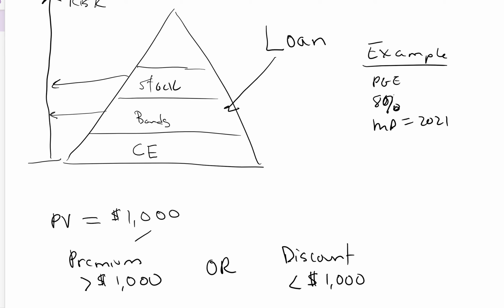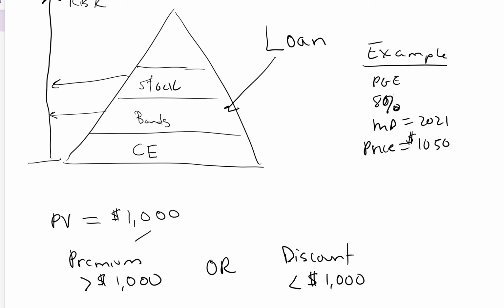Okay, but now we're going to say that the price, let's say that we are going to pay $1,050. So right now the bond is very desirable. It's trading for higher than par value, $50 higher. And we're willing to pay $50 higher because it's still a really good bond and we like the 8% coupon rate.